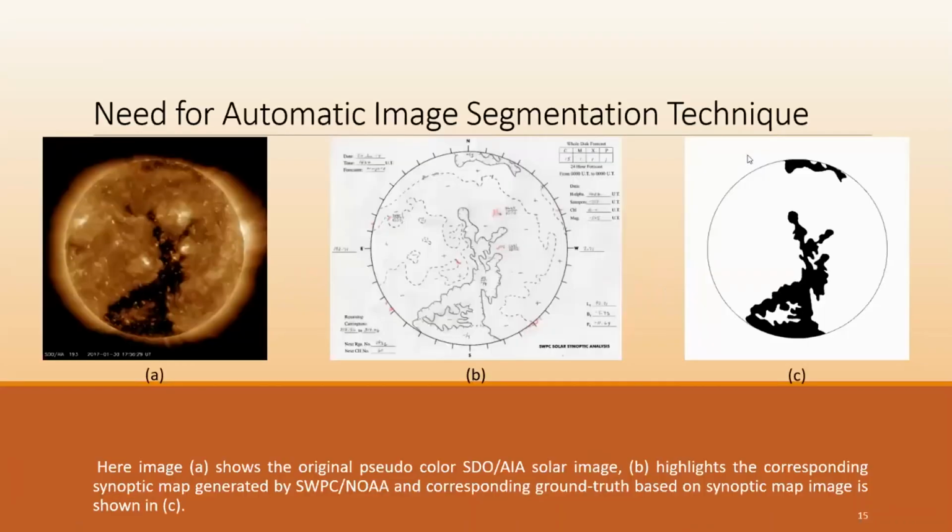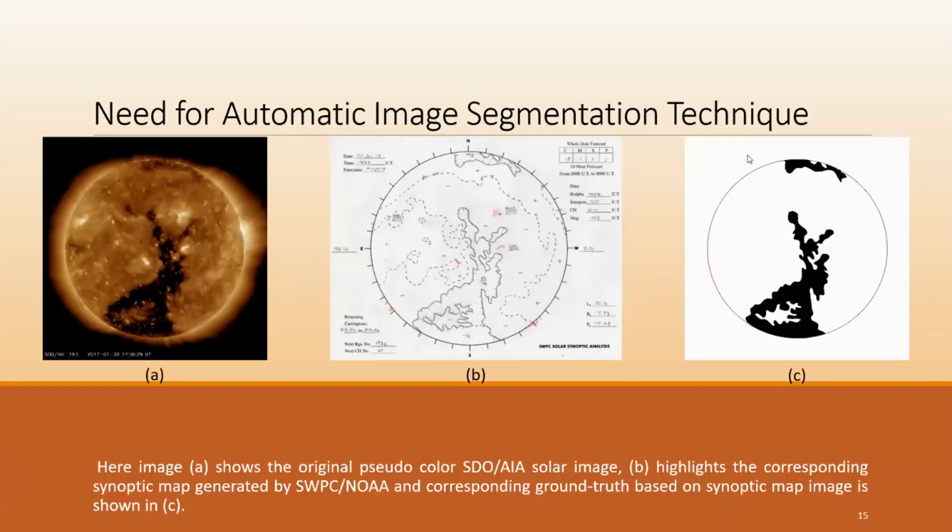Till now, the NOAA Space Weather Prediction Center has detected and classified this coronal hole region through handmade images. You can see these are hand-drawn images of the same coronal holes.